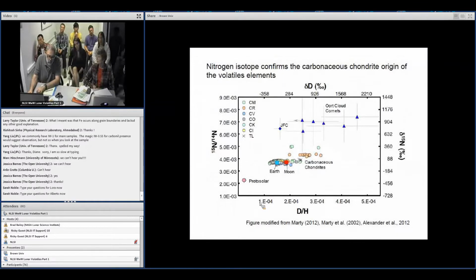Now, as shown before, I believe by Lindy, the Jupiter family of comets could be an issue, but then when you plot the nitrogen isotopes, it indicates that not even that will match.